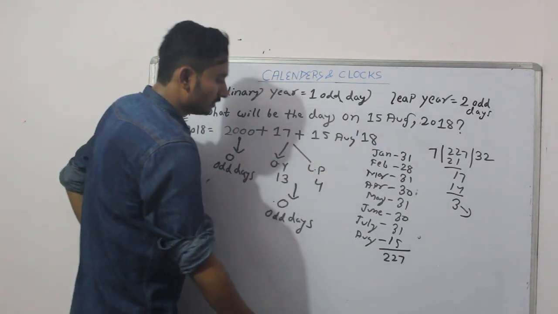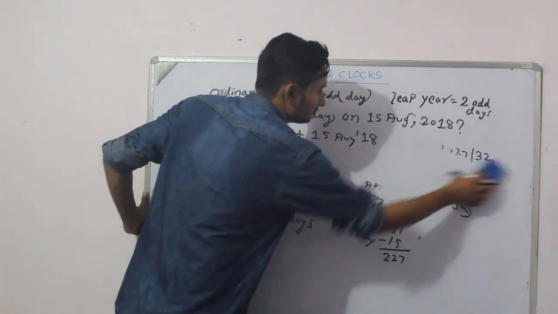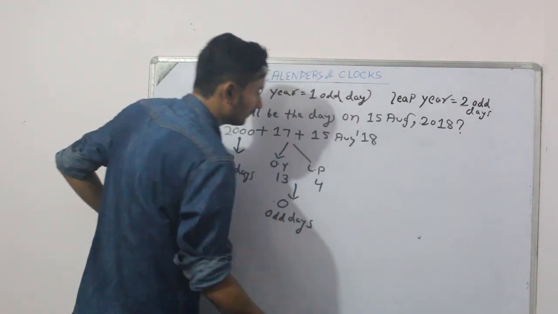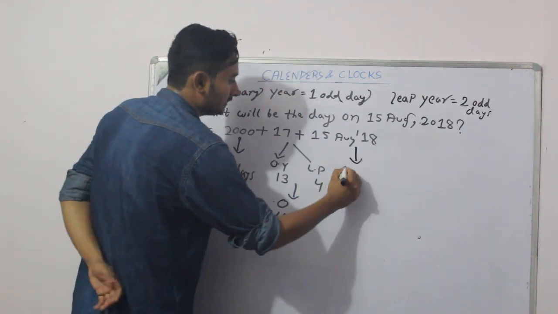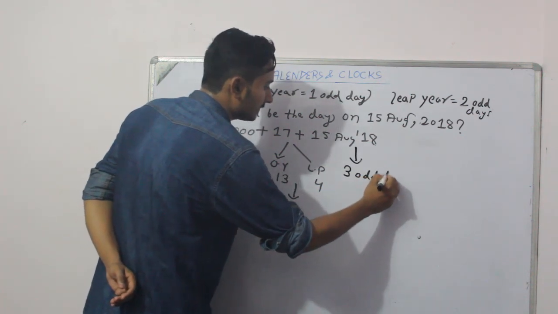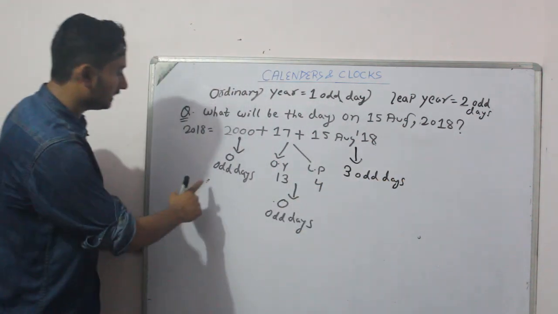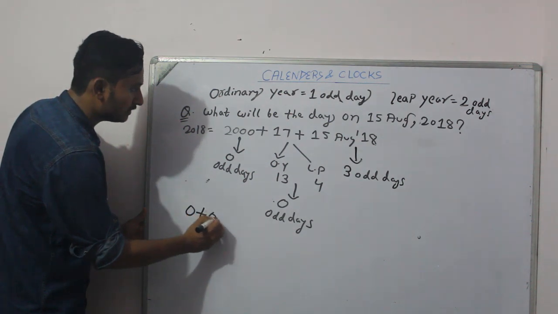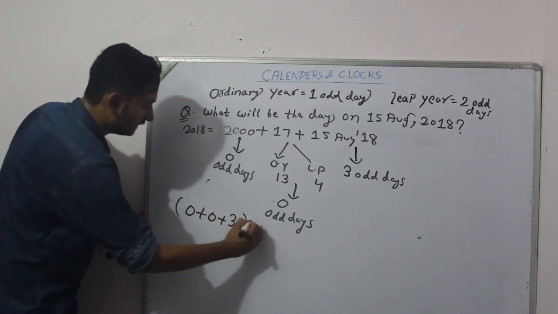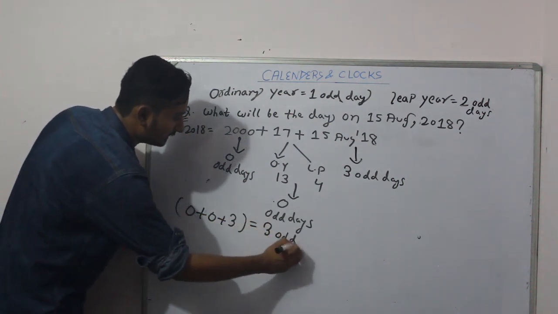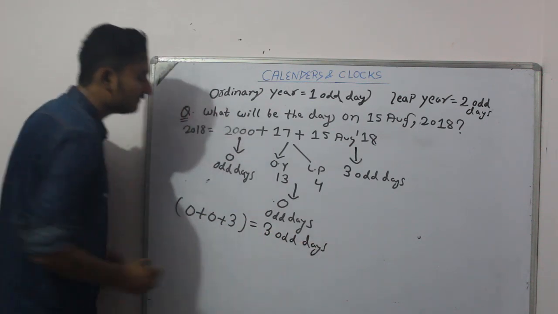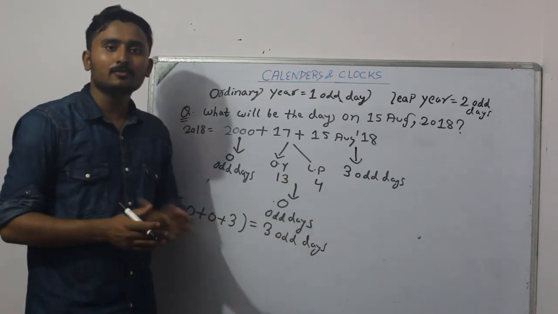So in total, 0 plus 0 plus 3 equals 3 odd days. In this way we have calculated the number of odd days.